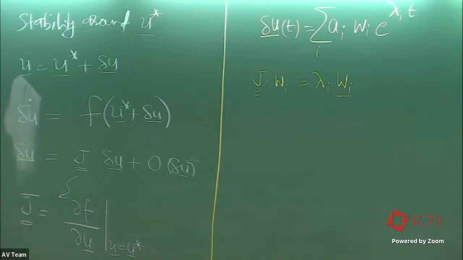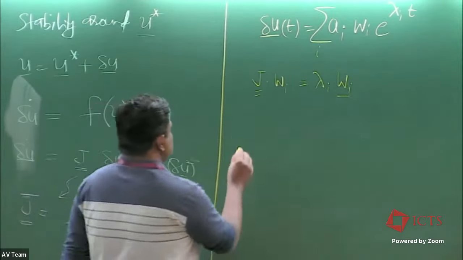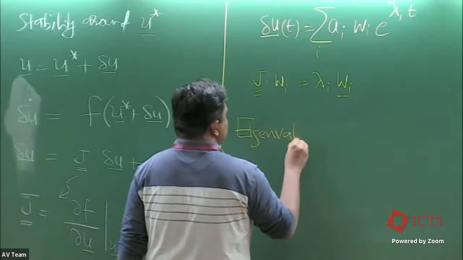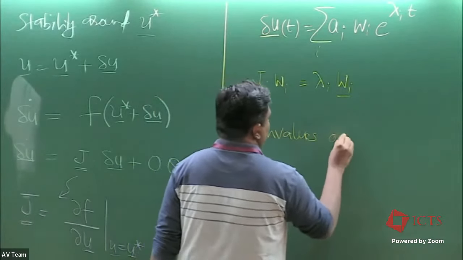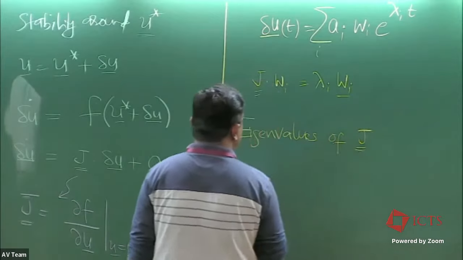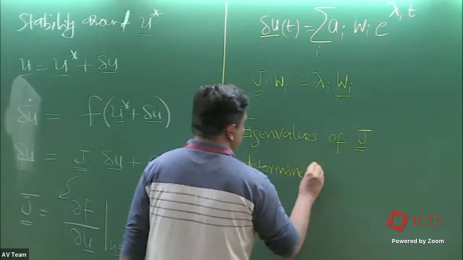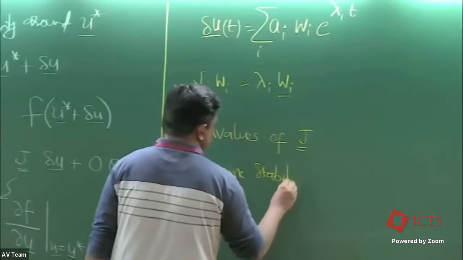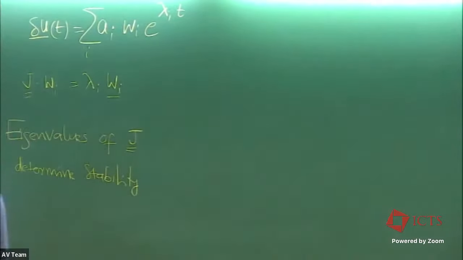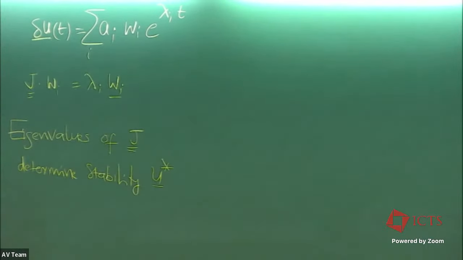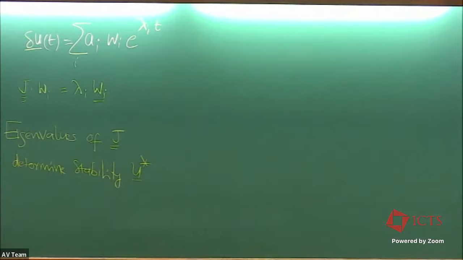Okay, so therefore it's really the eigenvalues of the Jacobian matrix that determine the stability. So stability of the fixed point is as follows.